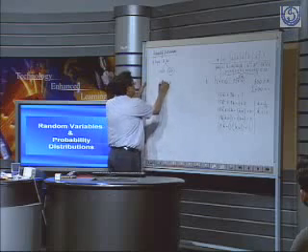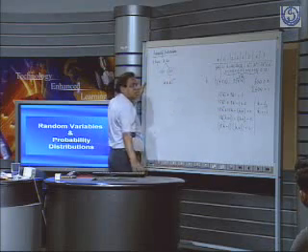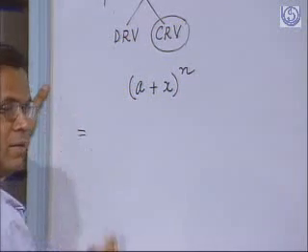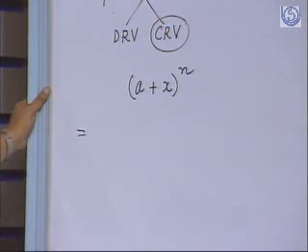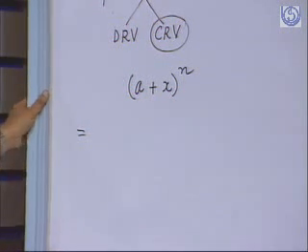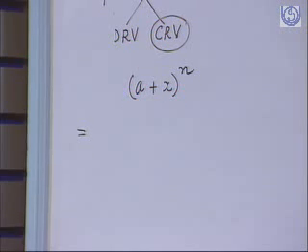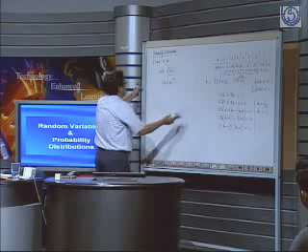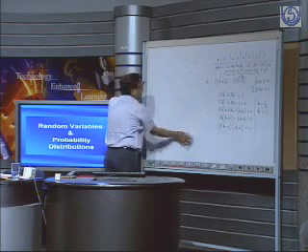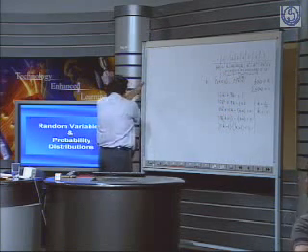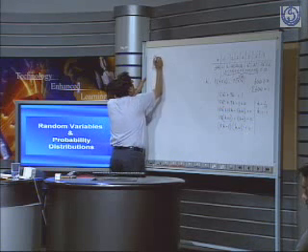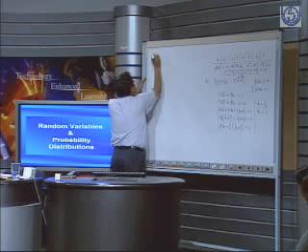Now what is (a plus x) whole to the power of n? This is the binomial theorem. What is the first term? You don't remember the binomial theorem? So tell me that you don't remember. Then rather than writing (a plus x) to the power of n, I am starting from the power 0.